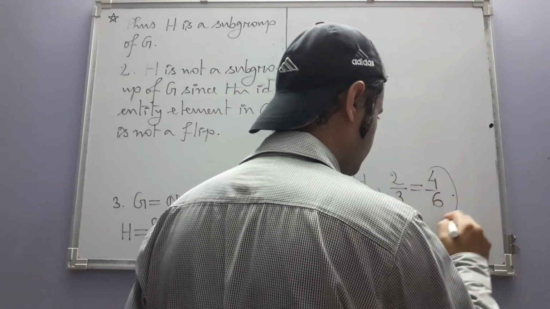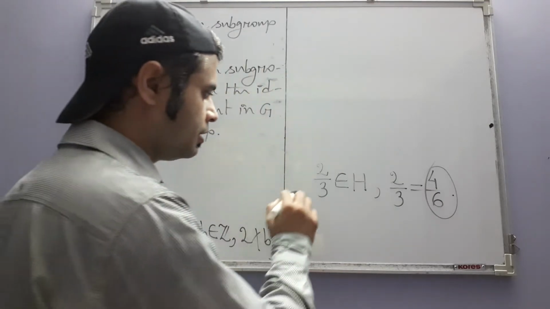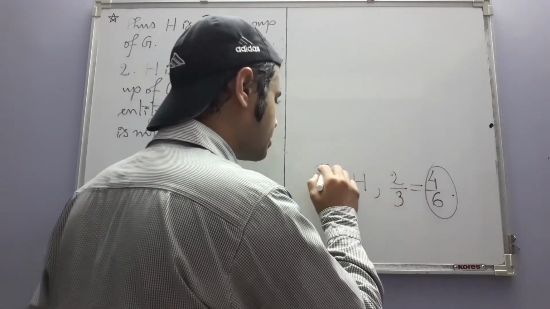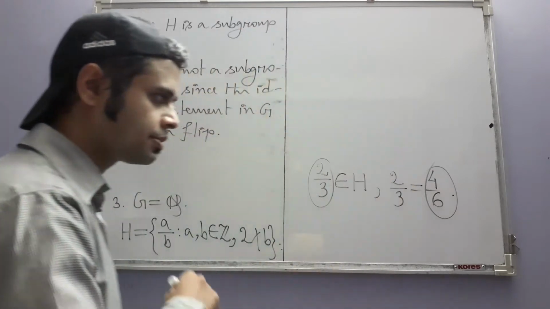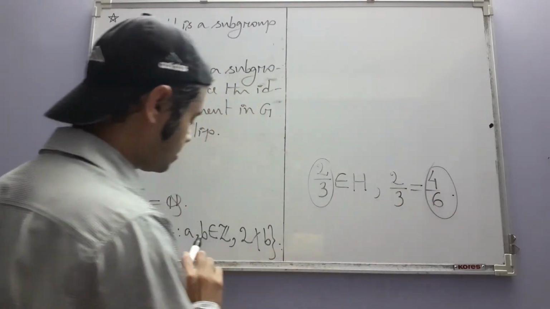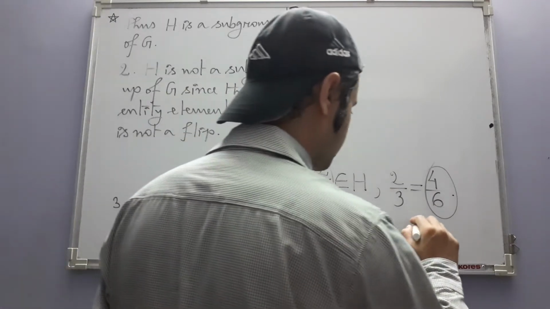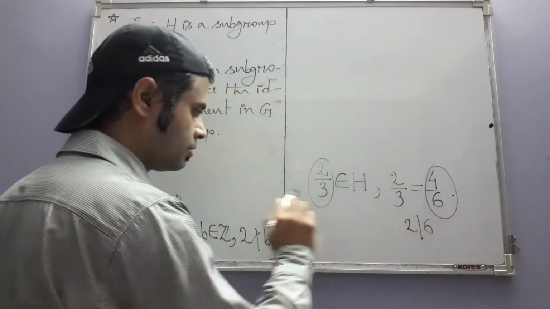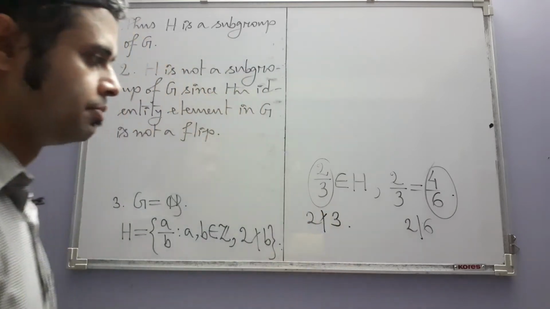But now you look at this, 4 and 6 are also integers. 6 is of course non-zero. But now 6 is divisible by 2. Here, however, 3 is not divisible by 2.